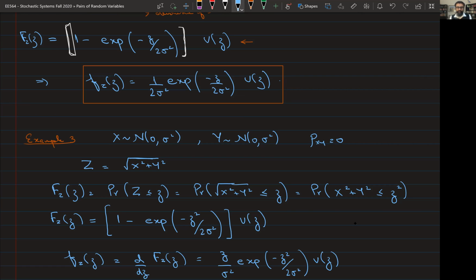What kind of a PDF is this? What kind of a random variable is this? Anybody? We said the distance is a Rayleigh random variable, right? So this is a Rayleigh random variable, good.